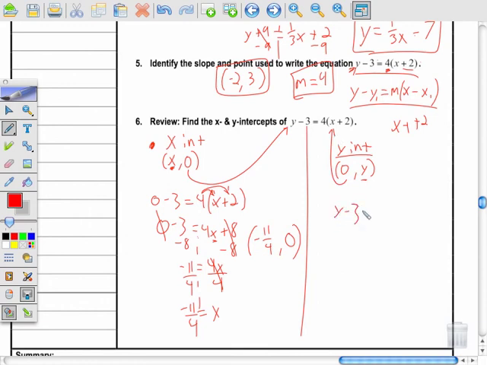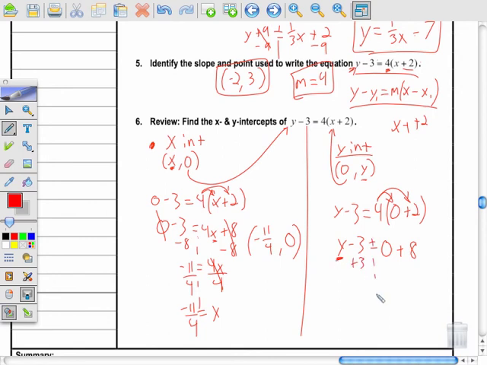All right, the y-intercept, you do the same thing, but now you plug 0 in for x. So you got y minus 3 equals 4 times, we're plugging 0 in for x, so 0 plus 2. Distribute. 4 times 0 is 0. 4 times 2 is 8.